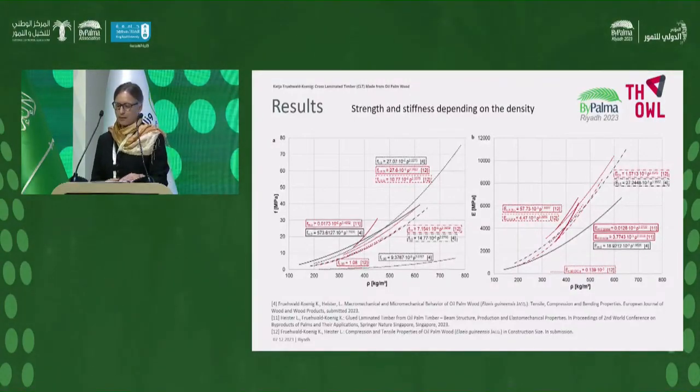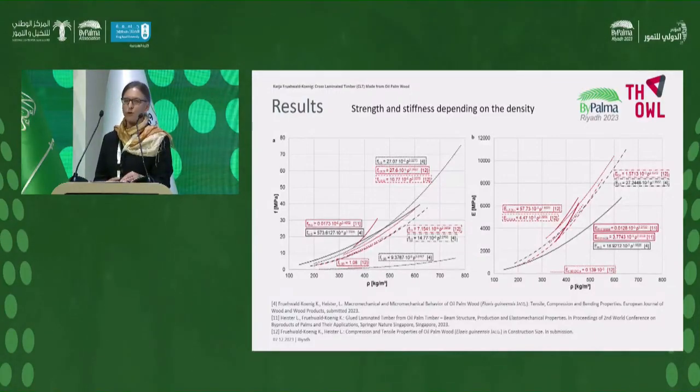And the properties from the compression test perpendicular to the vascular bundles are constant, which might be as well due to the quite low number of test specimens and the low density range. The exponents correspond to the results for oil palm wood on small test specimens.